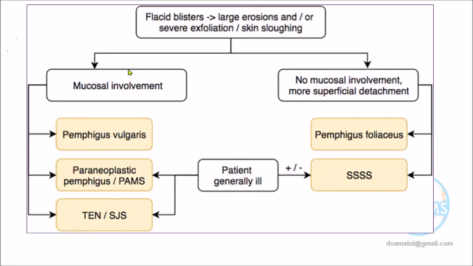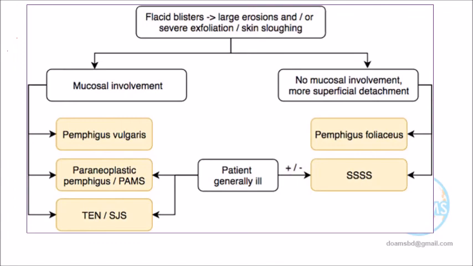If you follow this algorithm, if there is mucous involvement, as we already discussed before, it could be pemphigus, paraneoplastic pemphigus, toxic epidermal necrolysis or Stevens-Johnson syndrome. But with no mucous membrane involvement, it is pemphigus foliaceus or staphylococcal scalded skin syndrome.